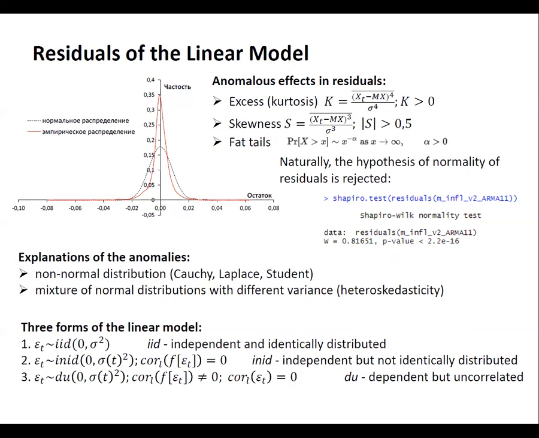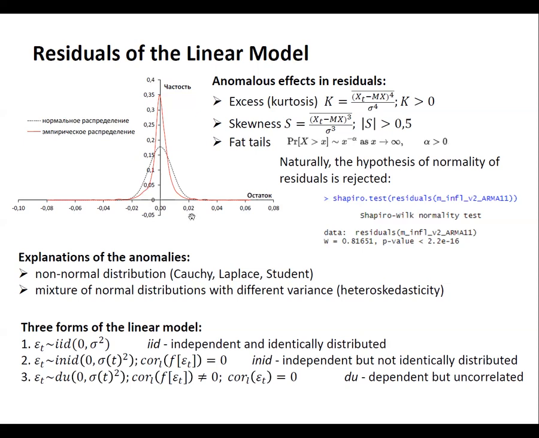At the same time, when forecasting and simulating the data, we assumed that these residuals have a normal distribution. A closer look at the type of distribution of these residuals allows us to see that in the vast majority of time series, the residuals after applying the ARMA model do not have a normal distribution.